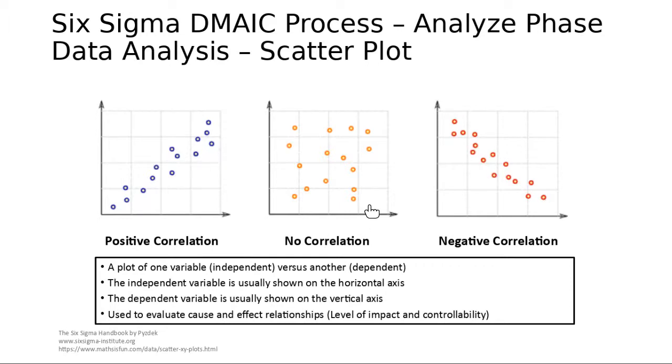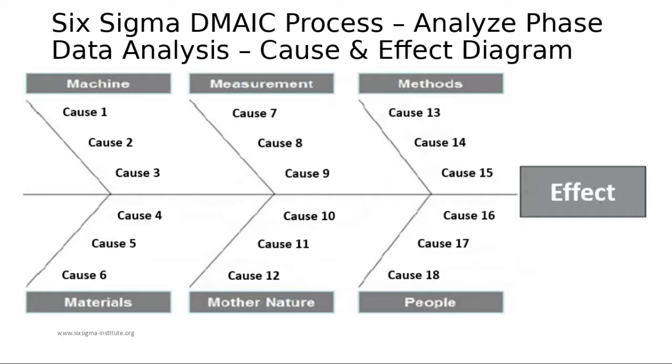If it is scattered in the diagram, then there is no correlation between the variables, and the correlation shows the bond between the factors, whether they are dependent or independent of each other. There are other statistical tools that can do the same, but the scatter diagram is one of the easiest and most common to use.